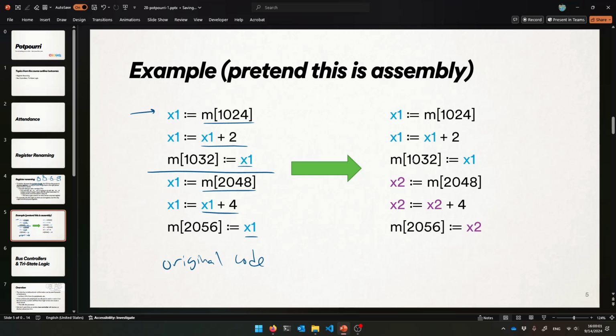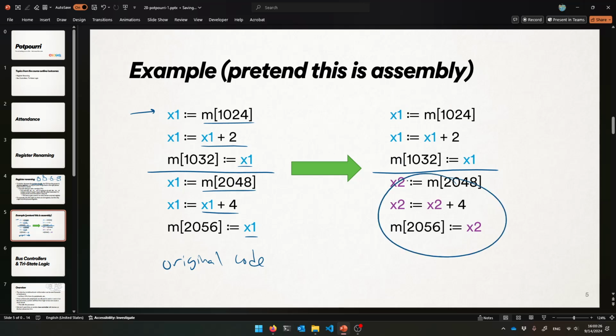And this might be what the CPU translates that code into. It does the same thing, but it lets these two chunks of code be run at once. That's kind of cool, right? So they can be parallelized on your superscalar separate execution units. Can you see these X1s and these old X1s are doing completely different things?